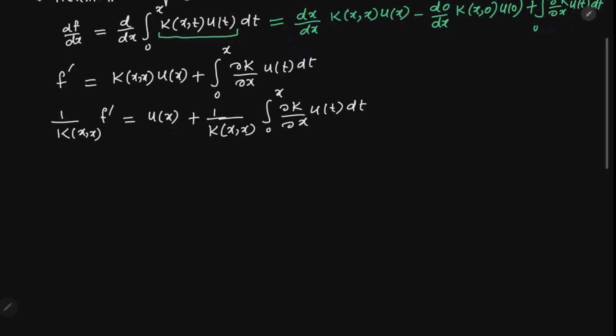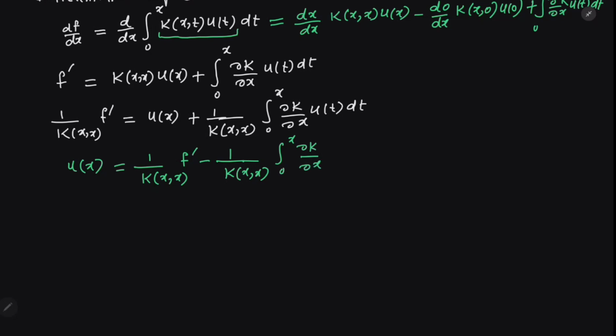Now we just keep u of x on one side. So we have u of x is equal to 1 over k(x,x) f dash minus 1 over k(x,x) integral from 0 to x of partial k by partial x u of t dt.